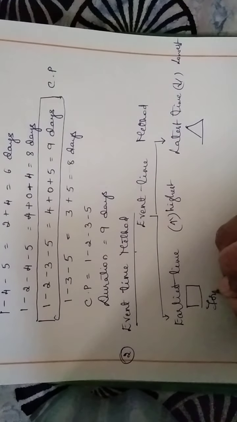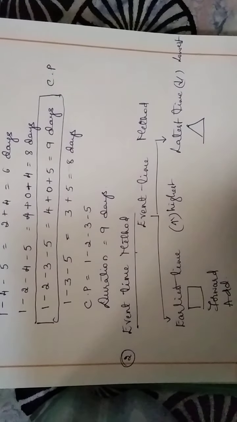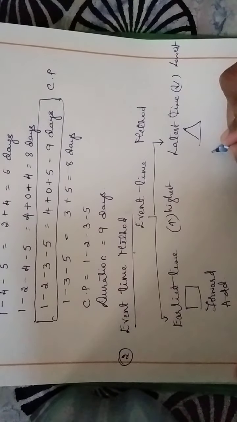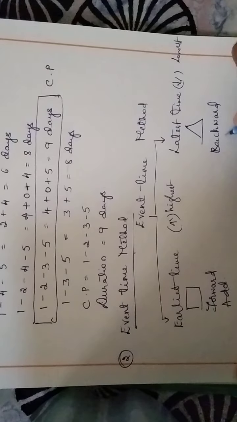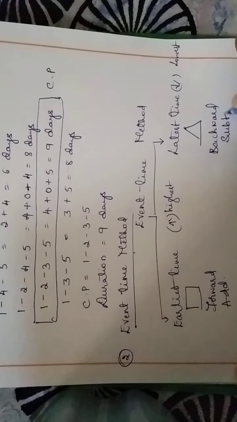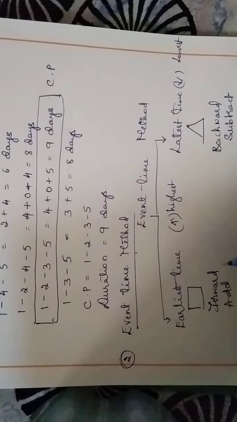This is forward moving, and we tend to add the number of adjoining activities, and here it is backward and we subtract. So how we calculate the earliest time and the latest time, I shall let you know.